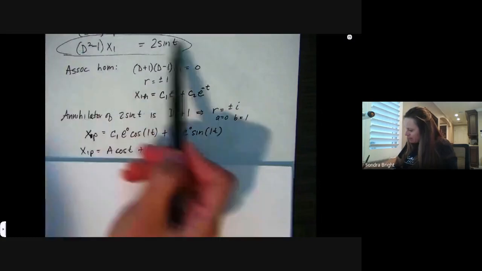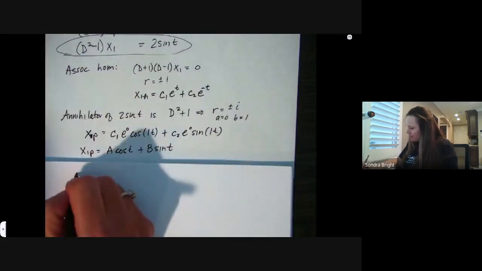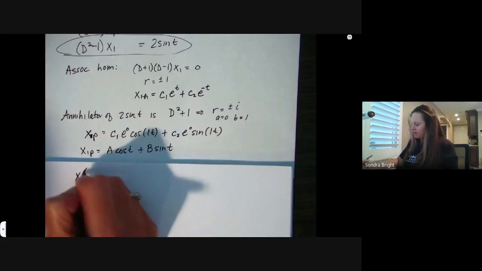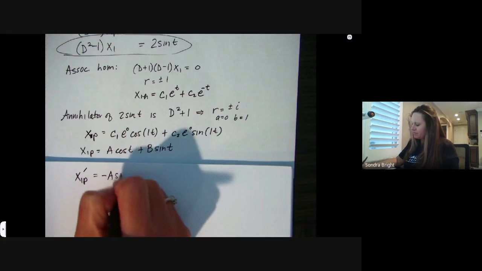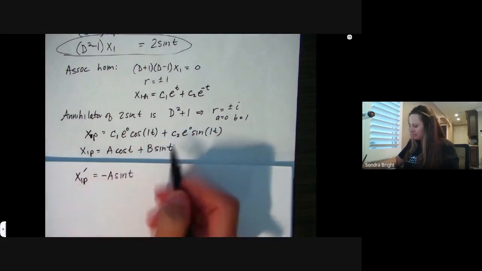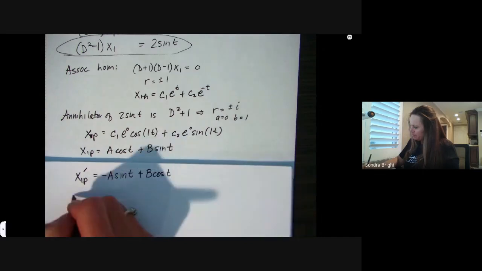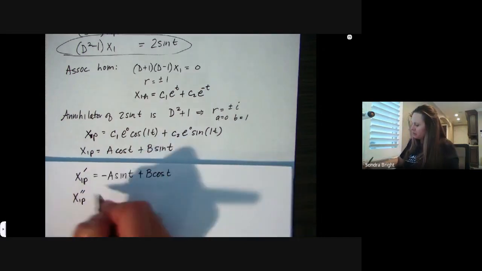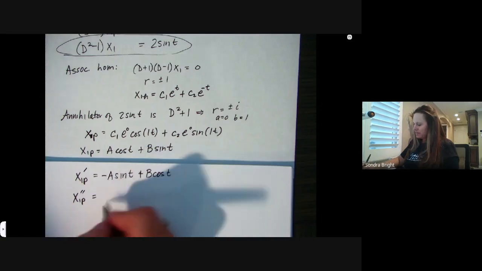So I've got x1 particular. So the first derivative of a cosine of t would be negative a sine of t. Derivative of b sine of t would be b times cosine of t. And then the second derivative would be, derivative of sine is cosine, so a negative a cosine of t.